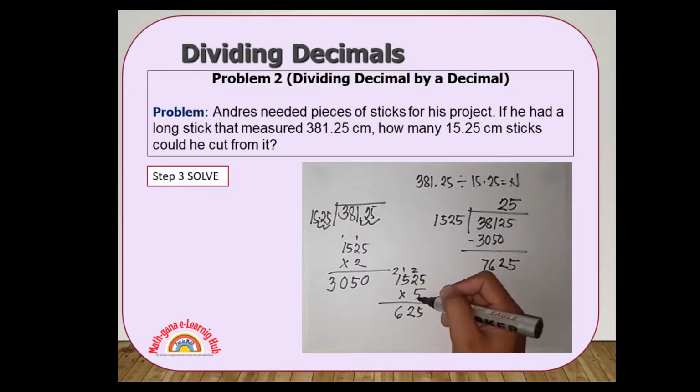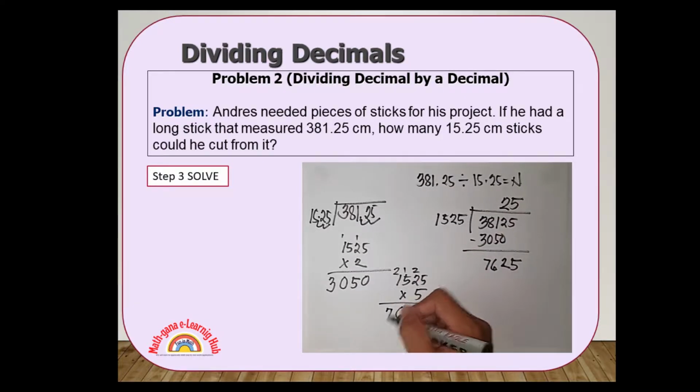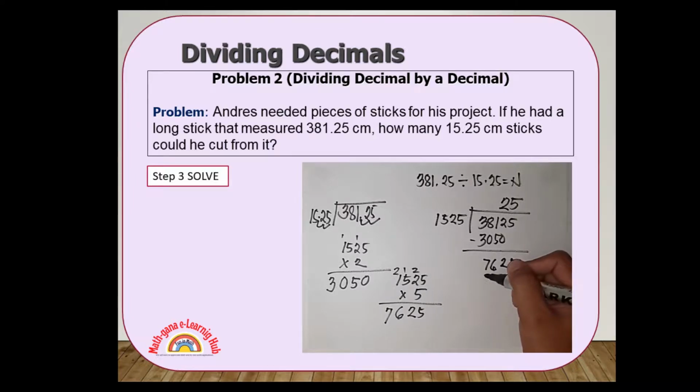And then 1 times 5 equals 5, plus 2 equals 7. There we have it, guys. The same. We are correct, and our guess, that is 5. So 7,625 minus 7,625 is 0. So our answer is 25. Therefore, n equals 25.